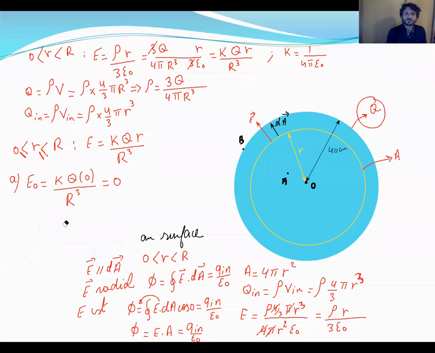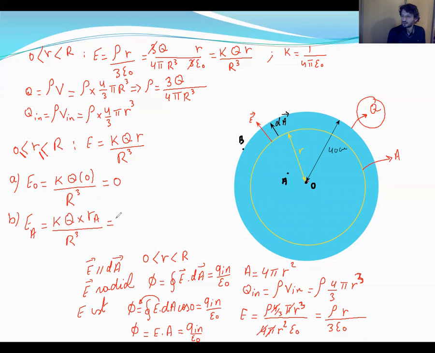Okay. Second, to calculate E of the point A, you know A is between 0 and R. EA equals k Q times rA divided by R cube.